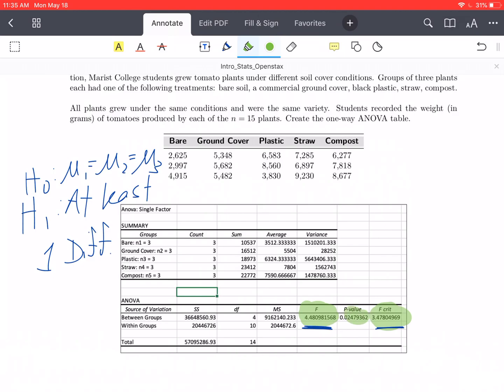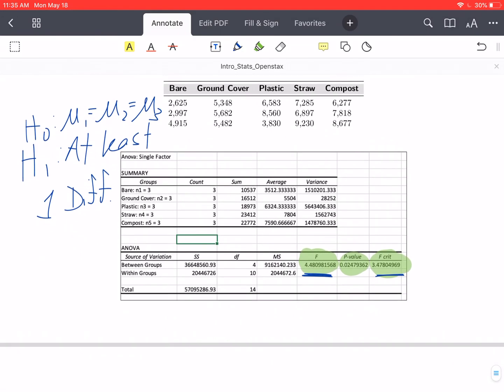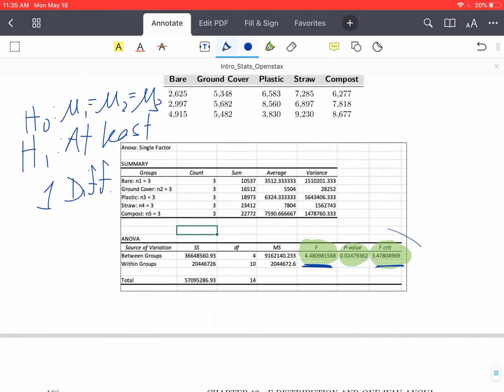Or you can just look at the p-value and say, okay, 0.025 approximately, that's about 2.5%. So if we're assuming our alpha value is 0.05, which typically if it's not specified, that's what we do, we assume alpha is 5%, that would give us a value smaller than alpha, which means we reject the null, so we say at least one of the population means is different. Okay, so we're reading that all from down here.